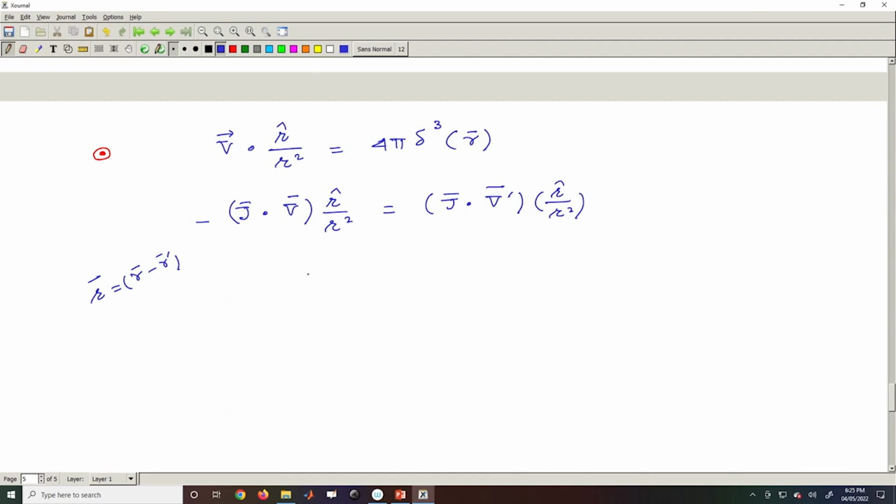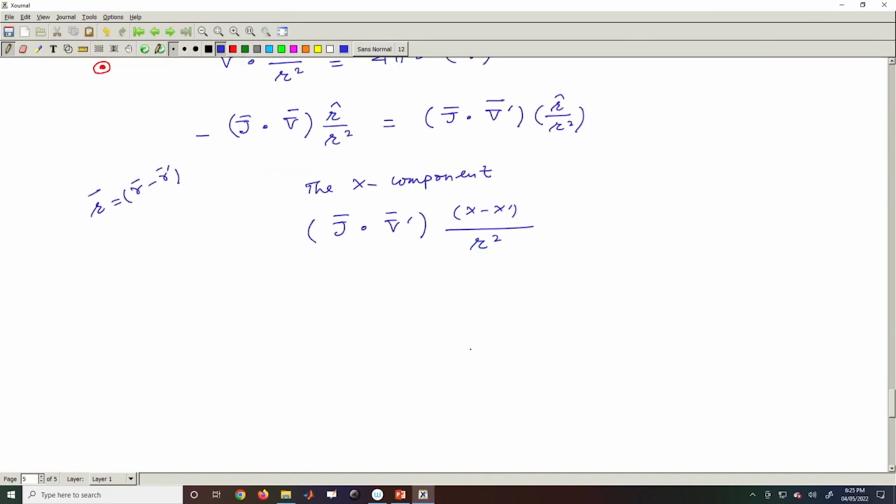Now, if I calculate only the x component, I have j dot this operator prime, and the x component of the entire stuff is x minus x prime divided by r square. R square is a scalar, and that will operate over x. So what is this quantity?